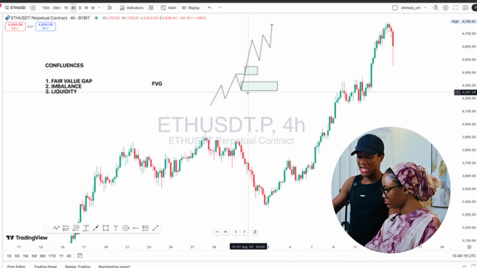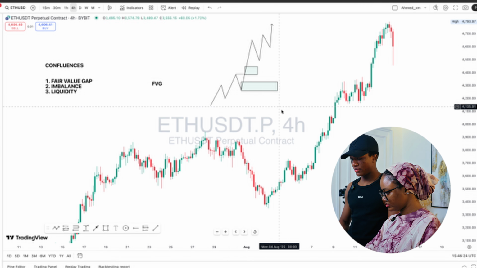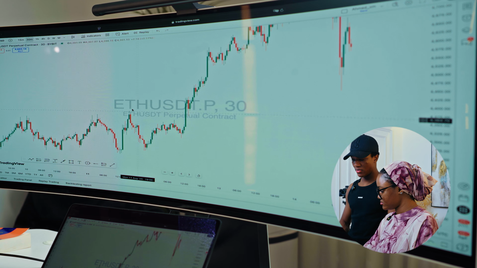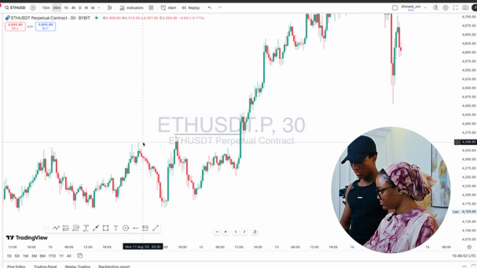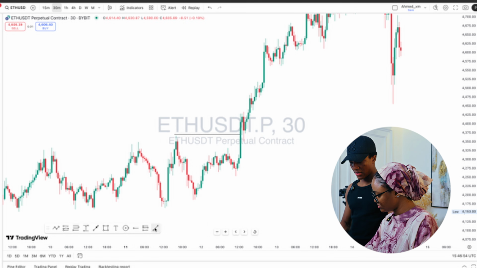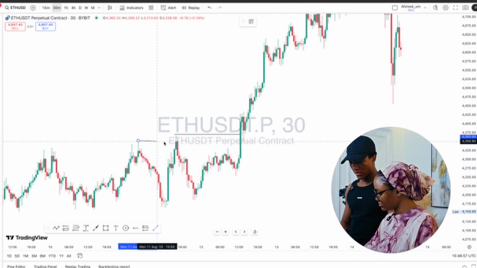Now we are going to the real charts to look for examples of fair value gap. We have this order block here. This is a block of structure, yes or no? Yes. And we have another block of structure here. Yes or no?